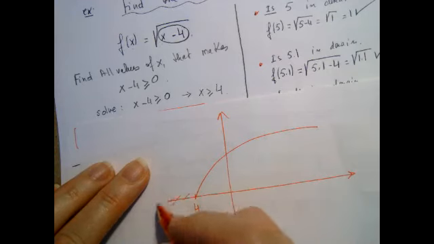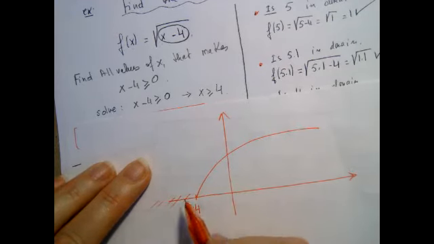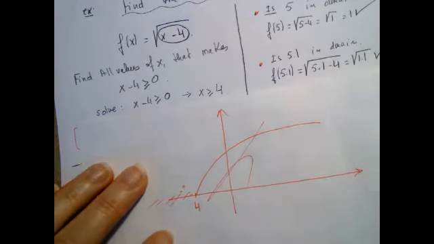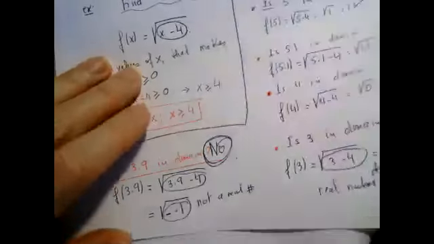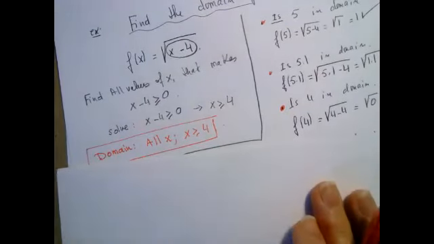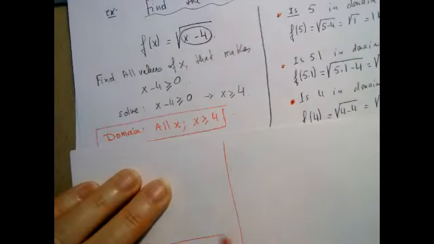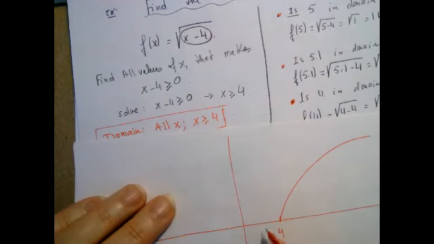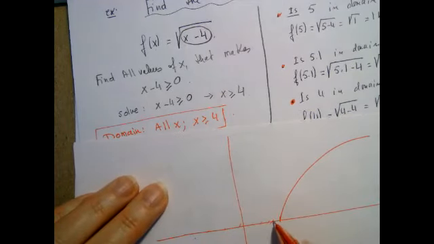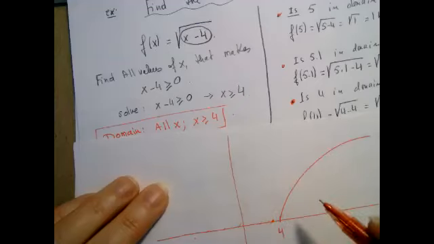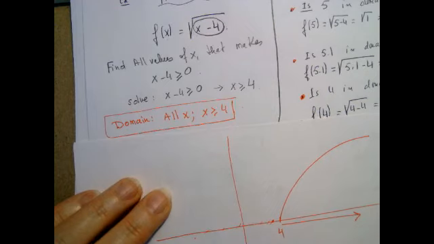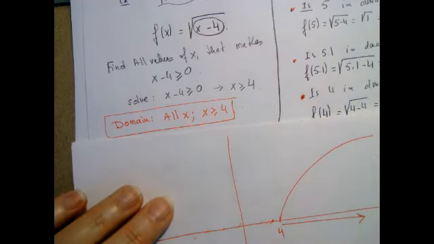There will be no output here, because if I take anything less than 4, even 3.9, there is no output for it. Everything bigger than 4 will work all right. So that's how it affects the graph: no output for x less than 4.